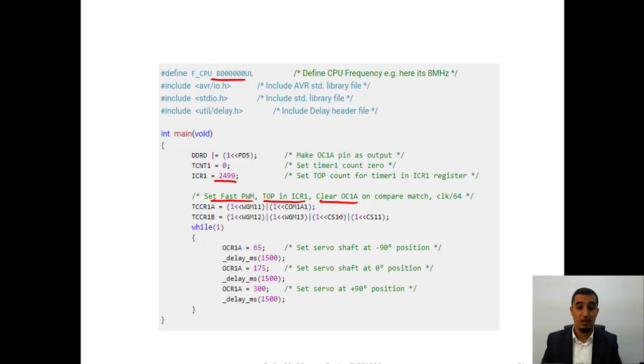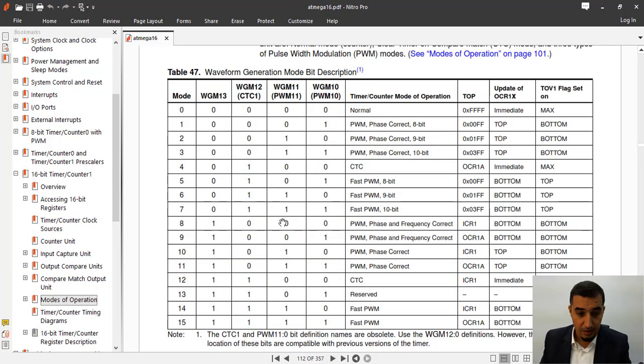So this mode, once more, you can get it straightforward from over here. We get the mode from these values, which is mode number 14, where top is at ICR1, and we update at bottom once we reach the top. So that's quite straightforward.